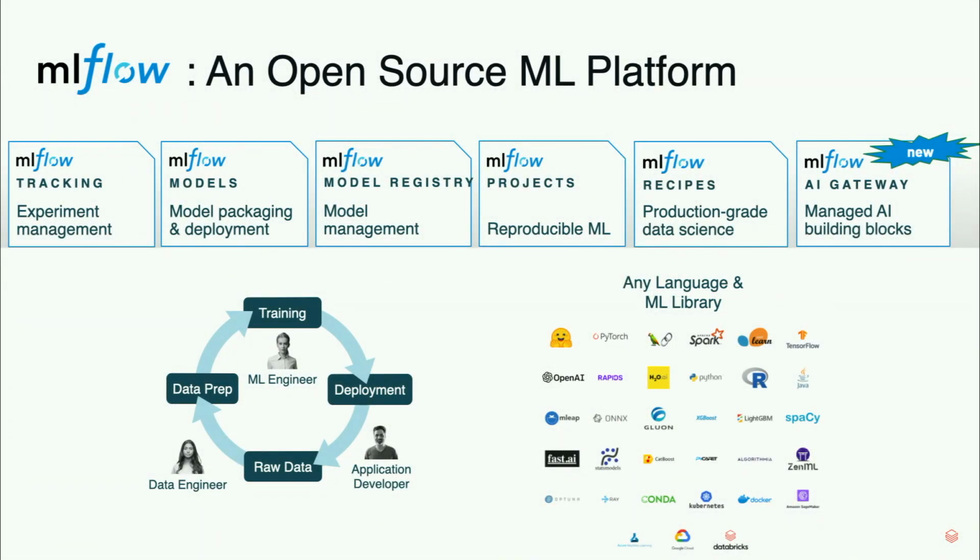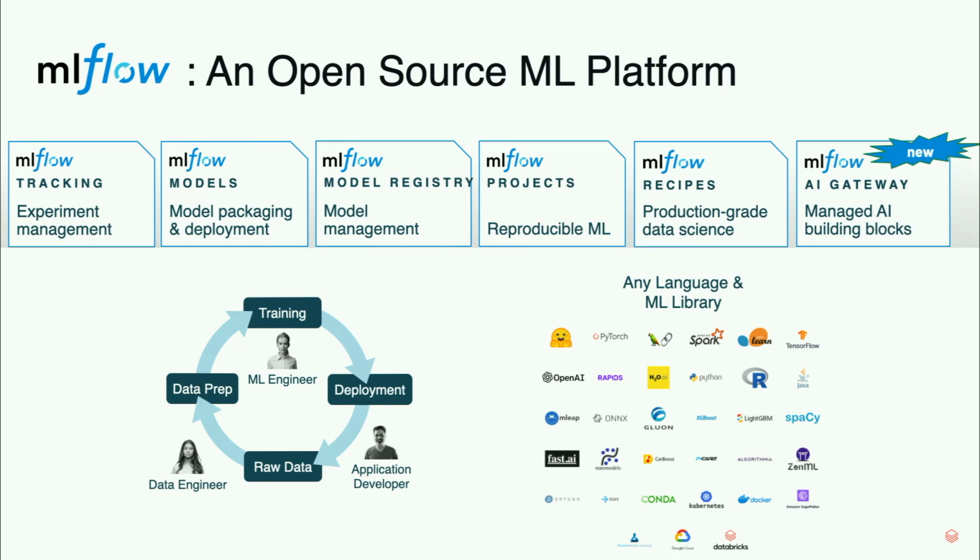And before we can move further, I'd like to recap the existing MLflow open source platform. MLflow is the only open source end-to-end machine learning platform compatible with any programming language and any library.